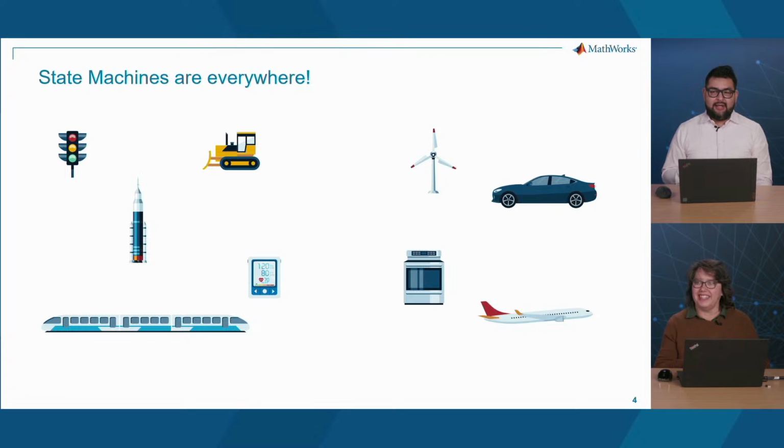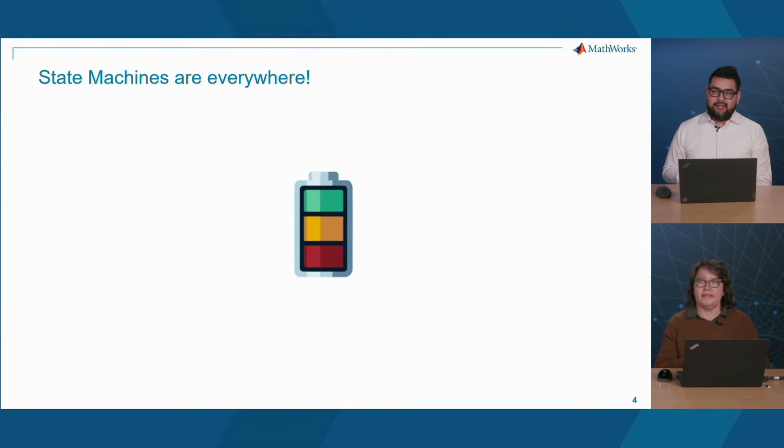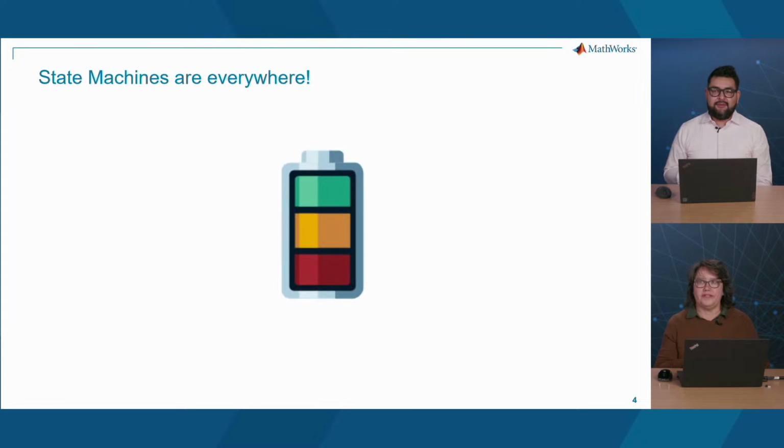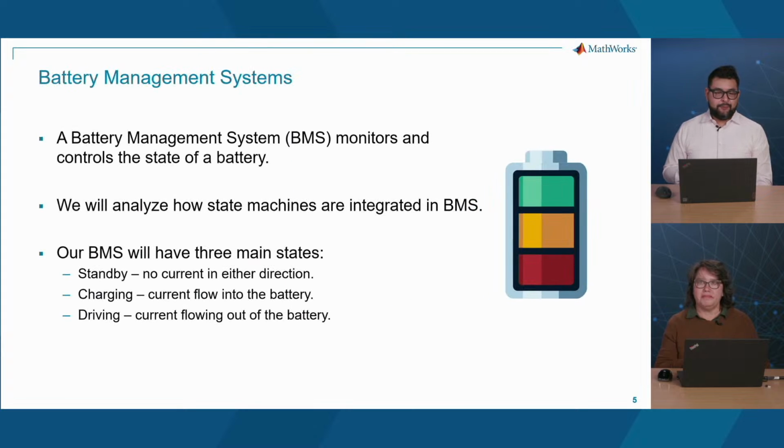And one last thing where they are very prevalent is in batteries. That's why today we are going to be focusing on how state machines are applied to batteries, or more specifically, to battery management systems. But what exactly is a battery management system, or BMS?